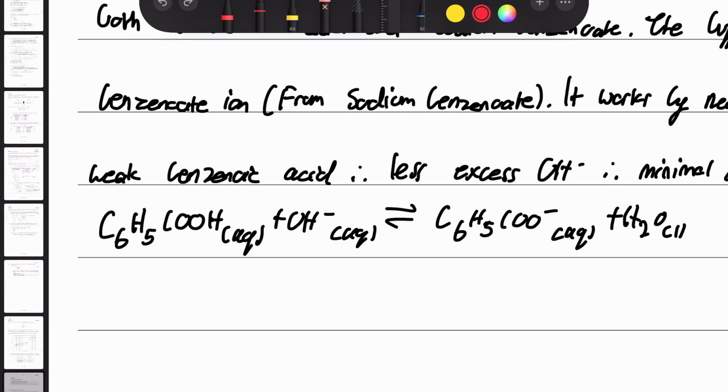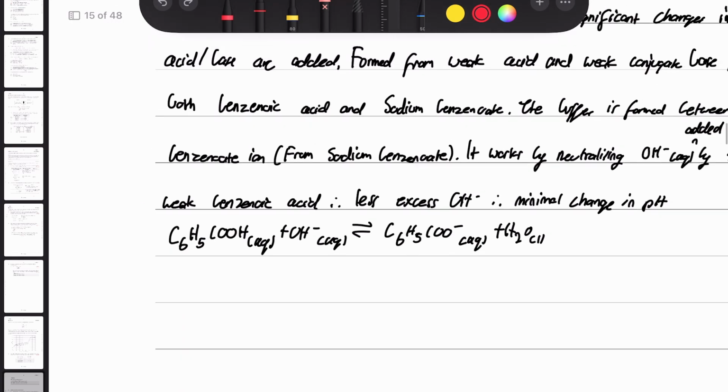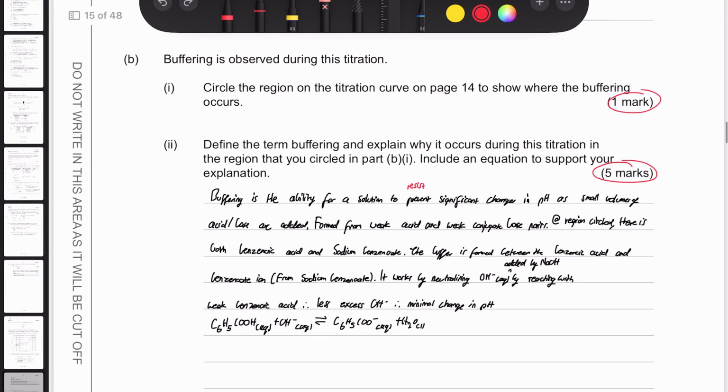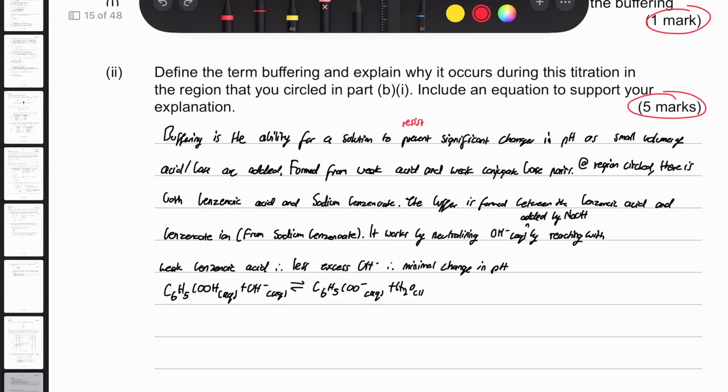So I decided to give myself the mark. Maybe I shouldn't have, maybe I should have, but yeah. Because I checked Pearson. Pearson does double arrows for all of the different buffer equations, and if it doesn't have the double arrows, then it's not a buffer equation. If that makes sense.